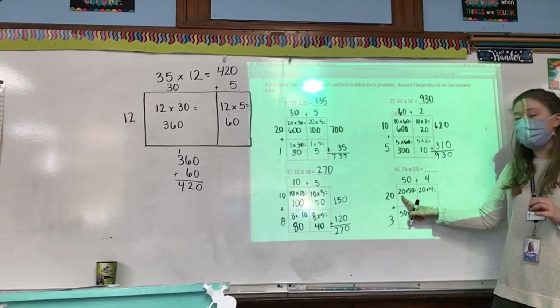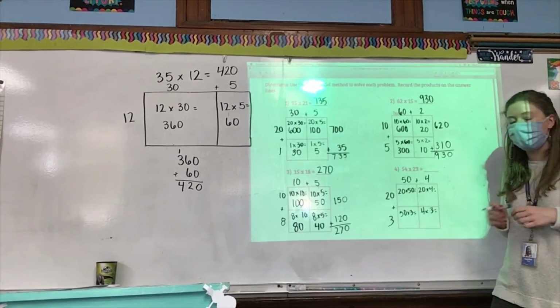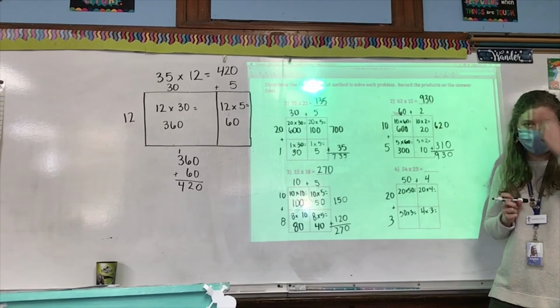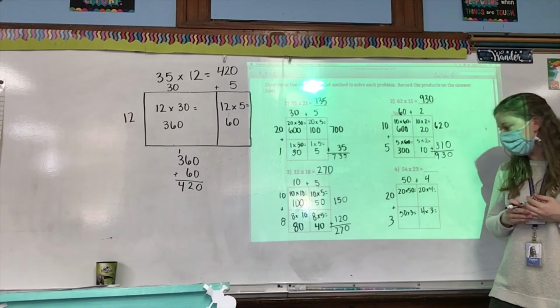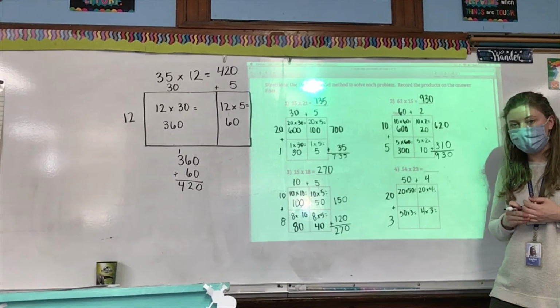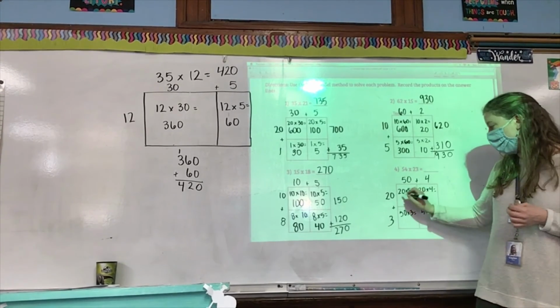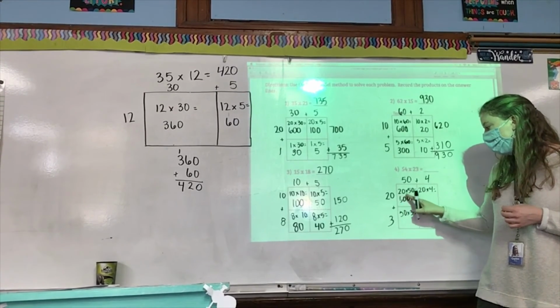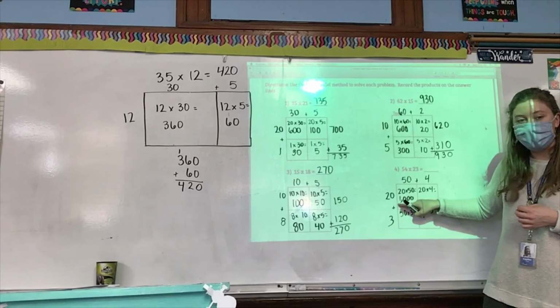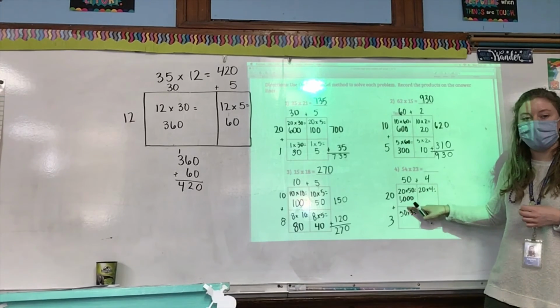Using basic facts and patterns, what is 20 times 50? 1,000. Very good. There are 3 zeros, because 2 times 5 is 10, and there are 2 zeros at the end of our factors.